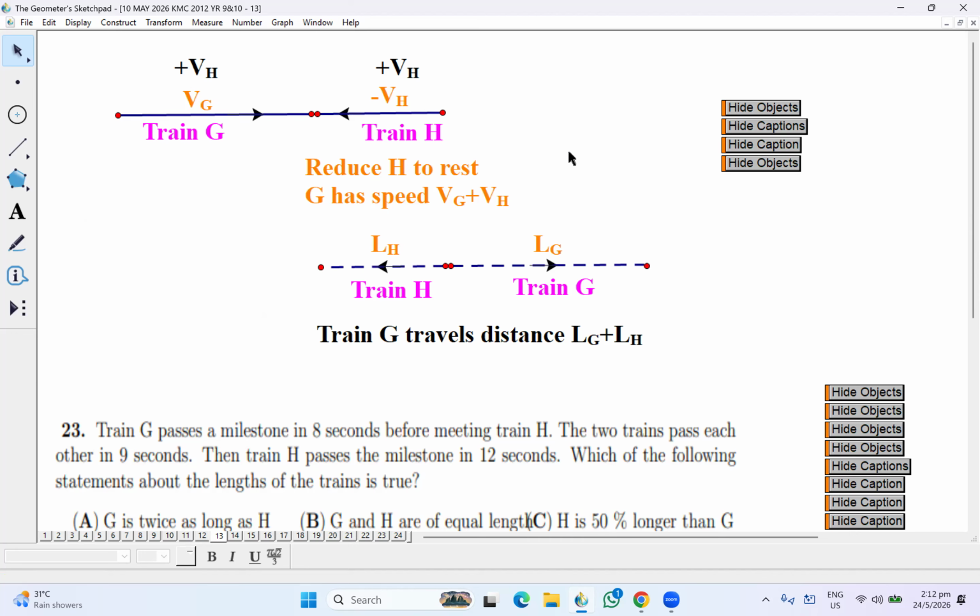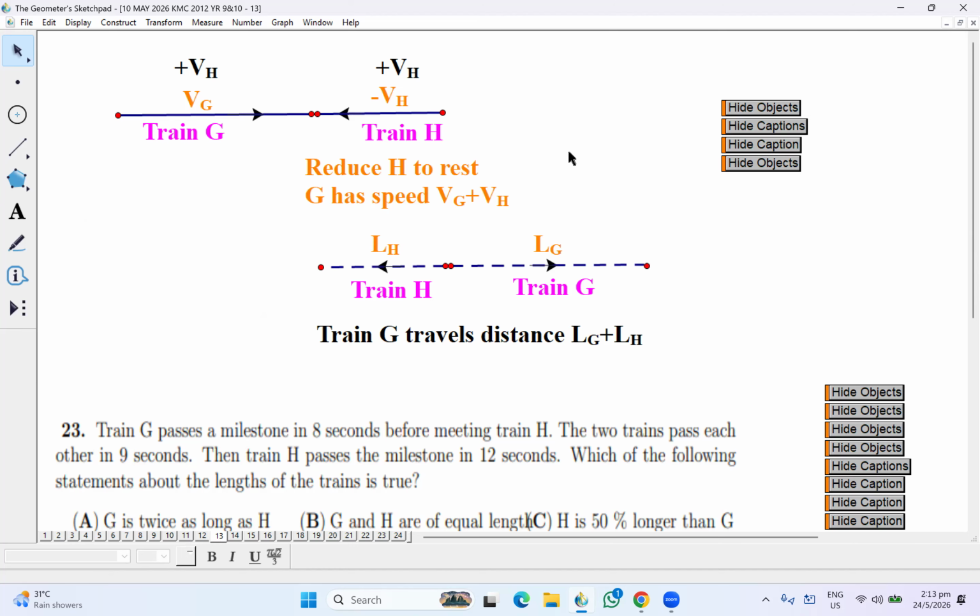If your father is driving and you are sitting beside your father, your speed is 0 relative to your father. Your car is moving, but your speed is 0 because you're always at the same position. The distance never changed between you and your father.